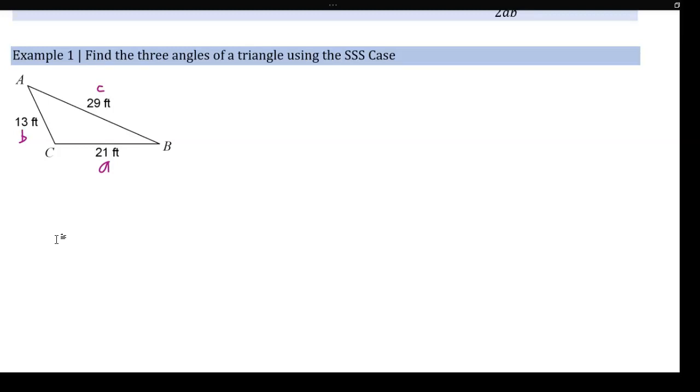So according to our formula, we know that the cosine of angle C is equal to a squared plus b squared minus c squared divided by 2 times a times b.